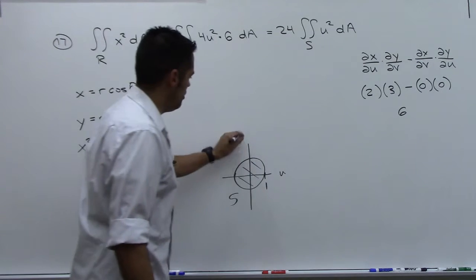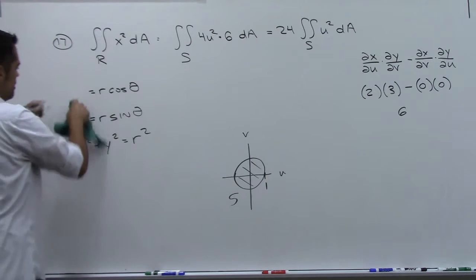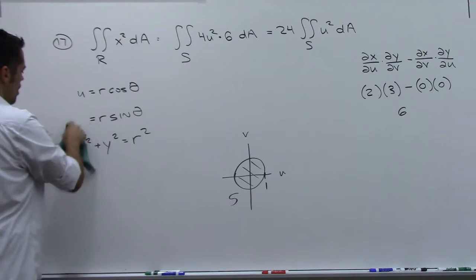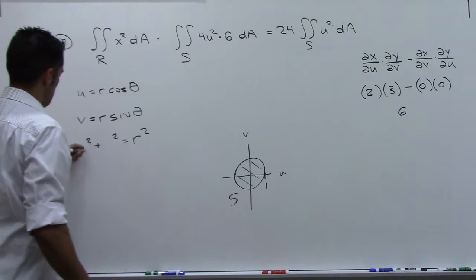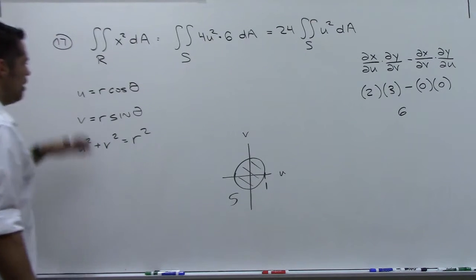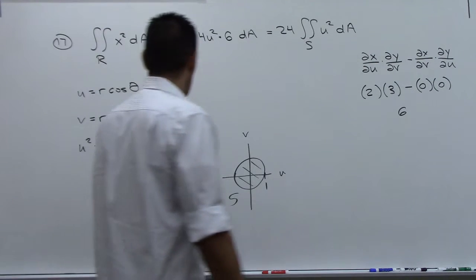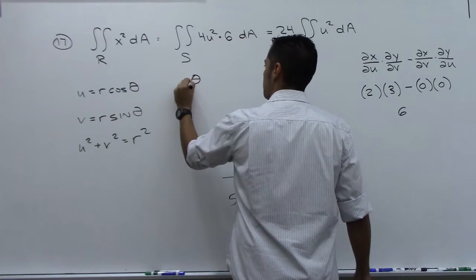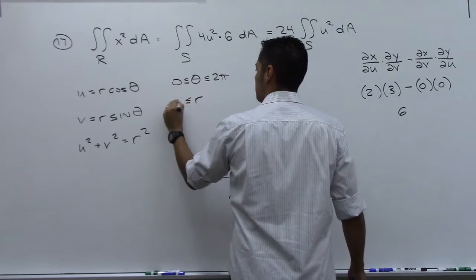Here we have u and v, so I can't use x and y, so I'm just going to replace my x with u, my y with v. All right, and those are my transformations. So from that, I know, of course, my theta, to draw this region, has to be between 0 and 2 pi. I know that my r has to be between 0 and 1.